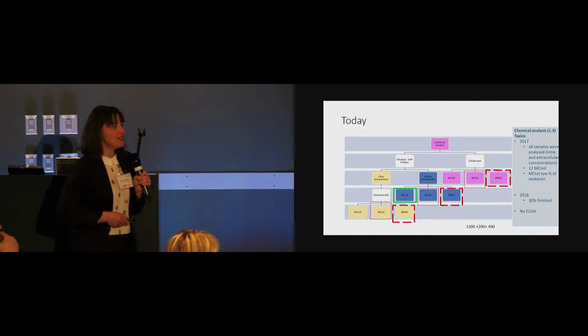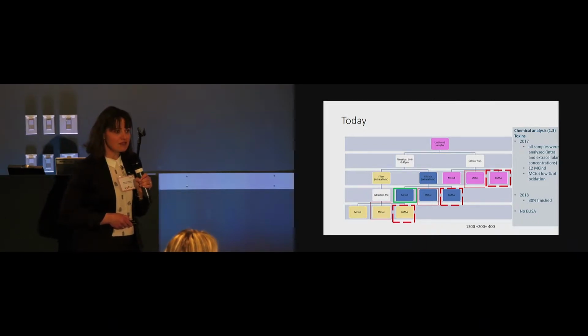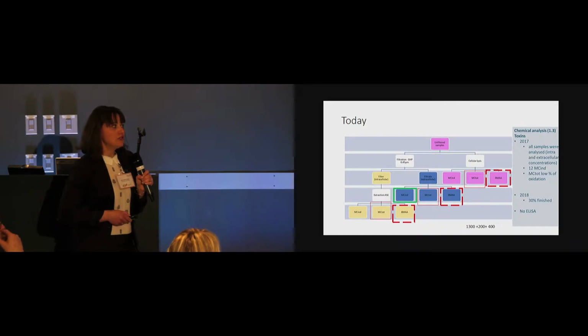And we also have another 200 samples coming from lake pools. So we are quite far behind. But the good news is that Tuk and Sun and Gabrielle worked and finished finding a way to analyze the BMAA. So we have this method which is ready.